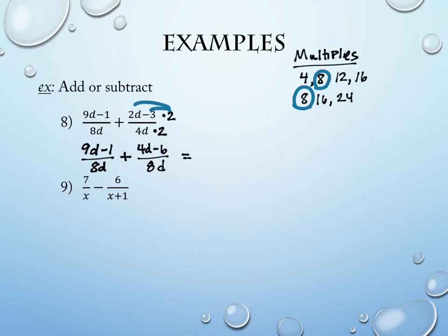Okay, so we're going to combine all the numerators together because the denominators now match. I have 9d minus 1 plus 4d minus 6 over 8d. How many d's do you have? 13d on top.